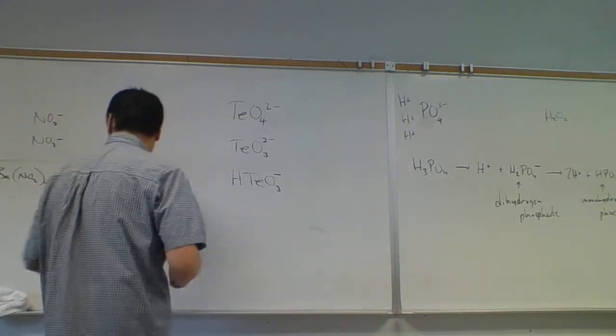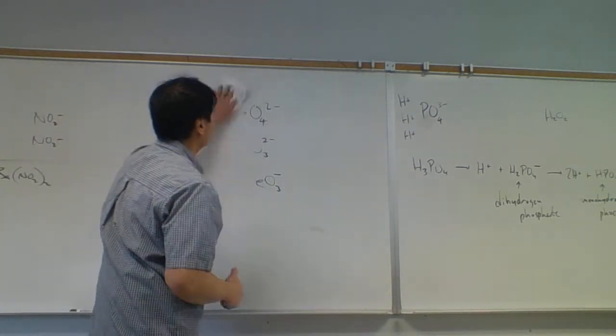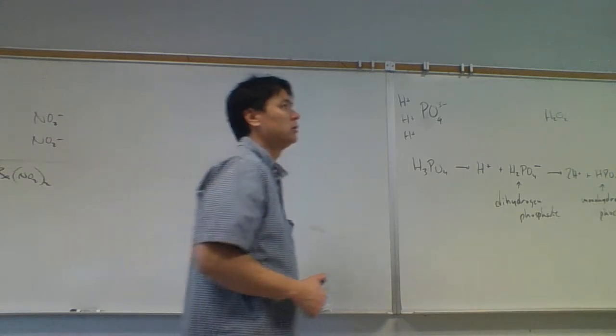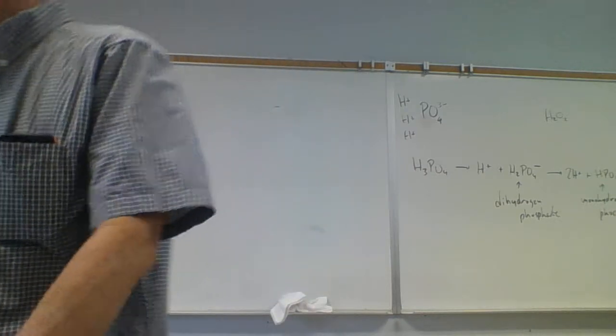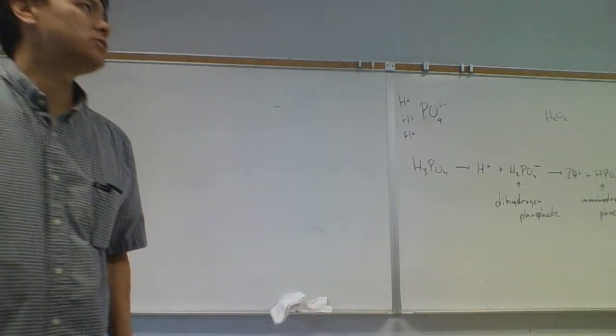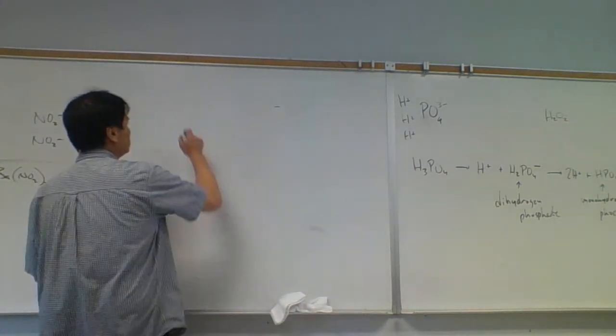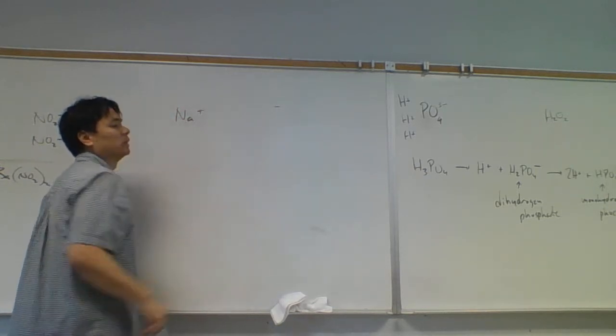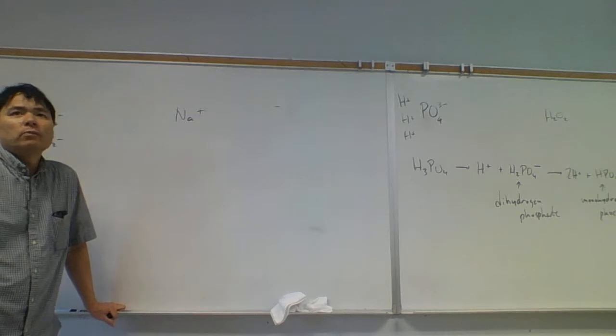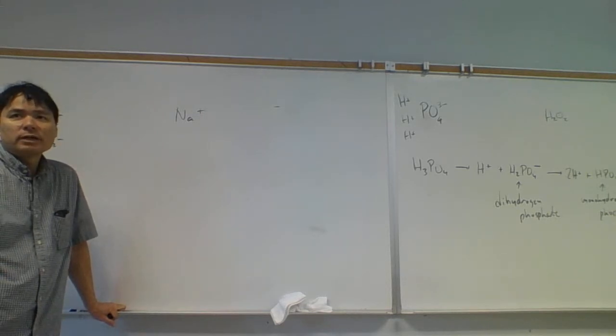Sodium hydrogen carbonate. So this is also known as sodium bicarbonate or baking soda. So what is the formula? Well, sodium ions should be pretty straightforward. Sodium is Na with the charge of 1 plus. Now, what is hydrogen carbonate? Well, it's carbonate. What is carbonate?